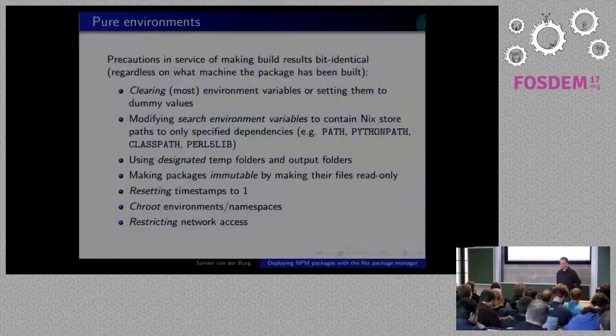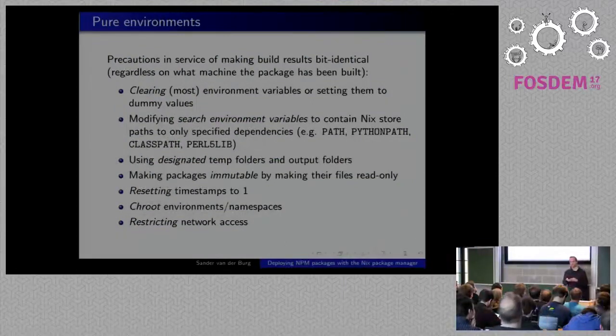To make builds pure, Nix takes a number of precautions in the build environment to take away as many side effects as possible that will potentially influence build reproducibility. For example, Nix clears almost all environment variables, or sets them to dummy values.